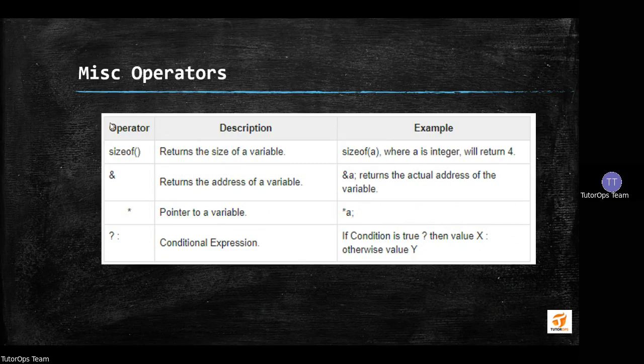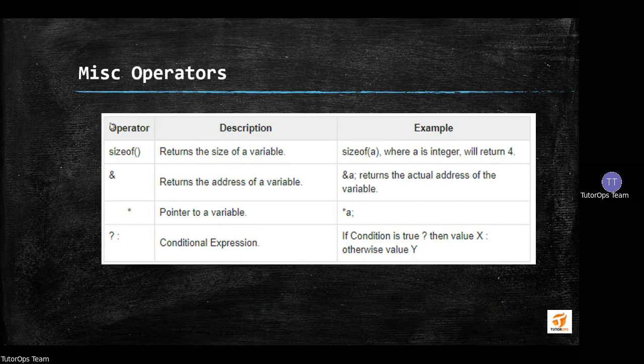So star is a pointer to a variable, star a. And question mark colon is a conditional expression. If the condition is true, then value x, otherwise value y. Before the question mark you have to put the condition. If it is true, then the first part, value x, is the true value.